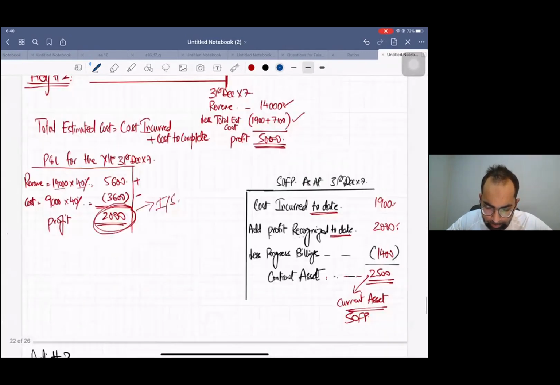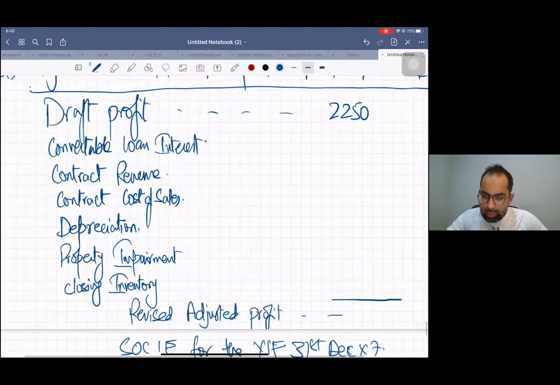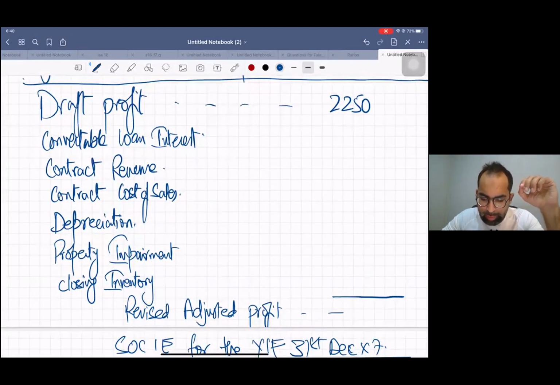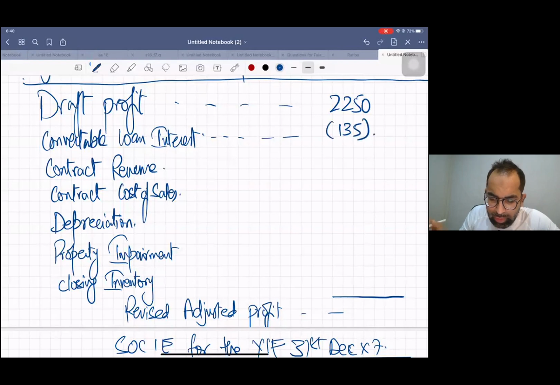Let's do it. The first thing, I hope you remember, use your little brain. In the convertible loan note, there was a 135 interest, and that was your expense, so we'll reduce it.